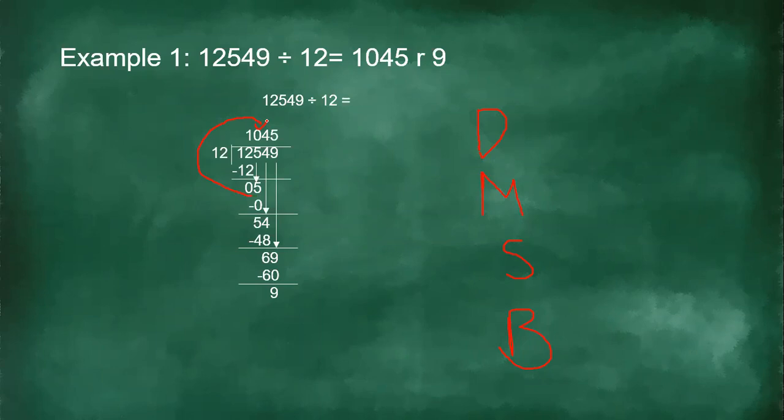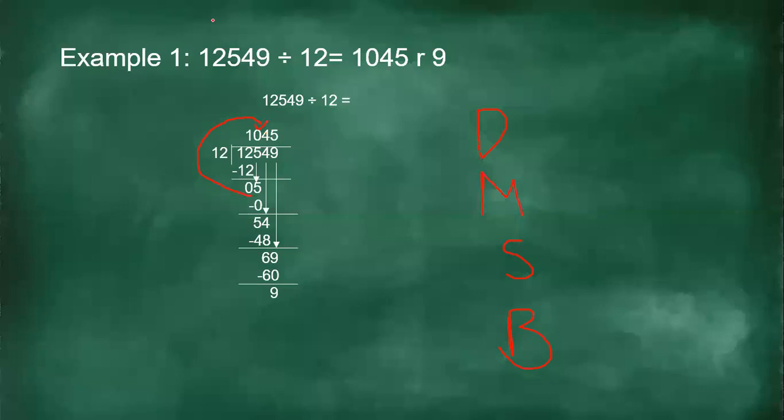I minused it, and then I got 6. And then I bring down my 9, and the closest number to 69 in the 12 times table is 60. And 60 goes in 5 times. I minus 60 from 69, and I had a remaining 9.